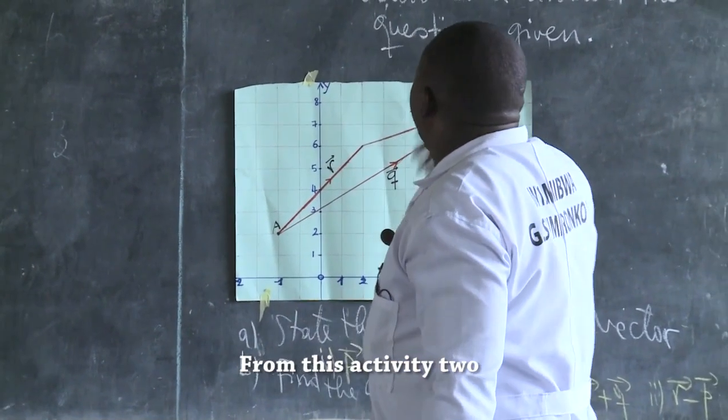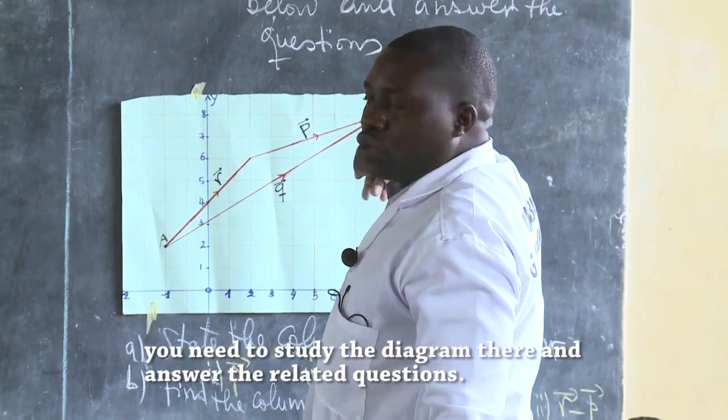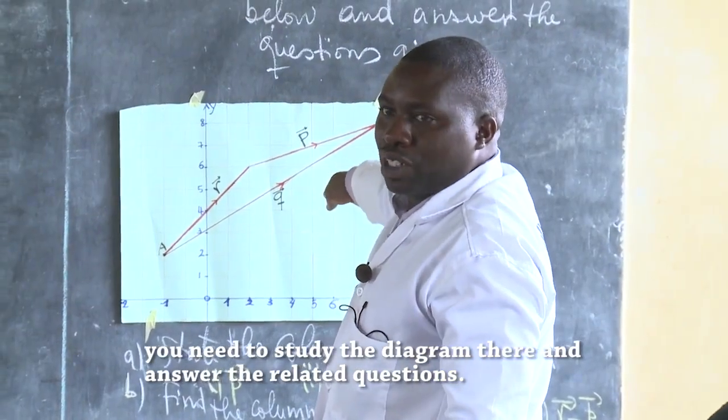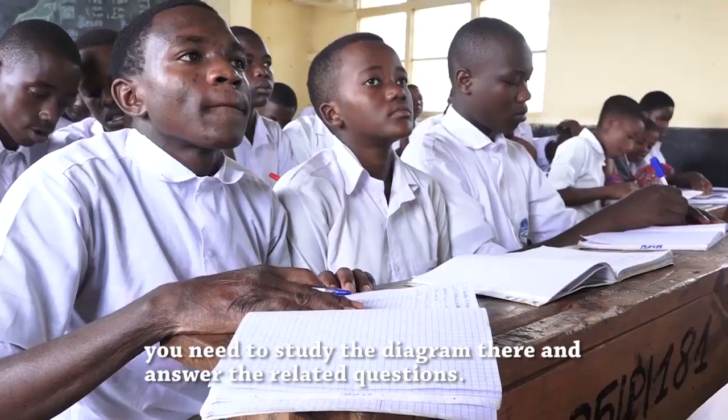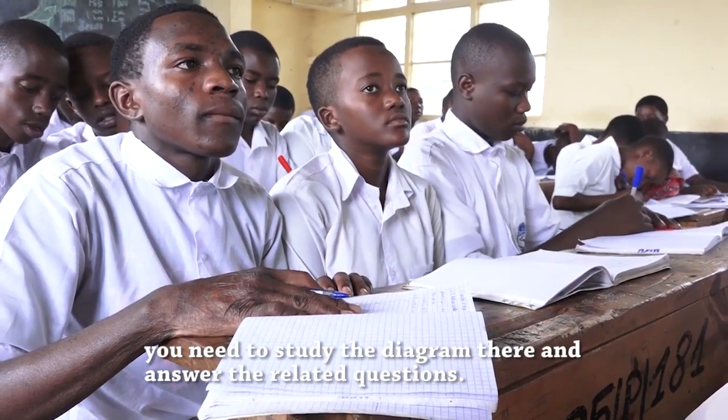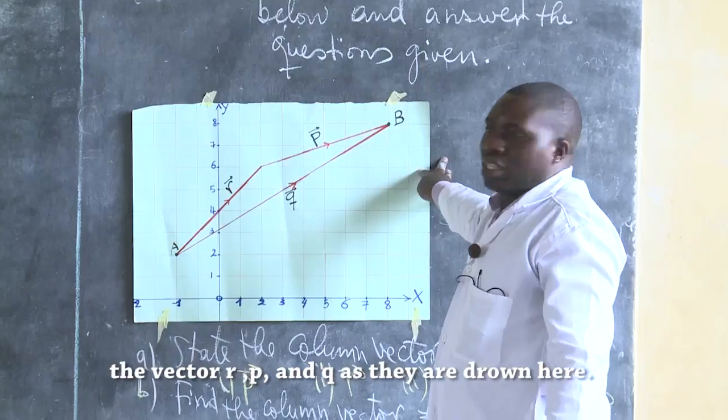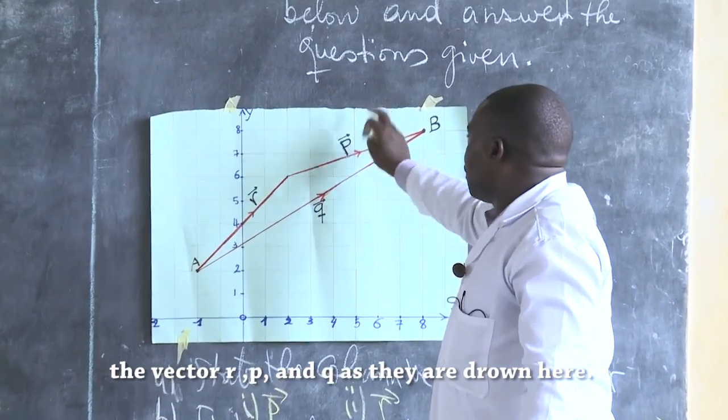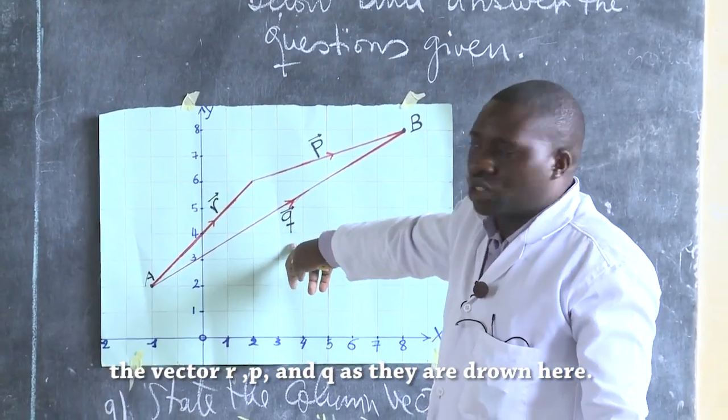From this activity 2, you need to study the diagram given there and please answer the related questions. The vector R, vector P, and vector Q are drawn here.